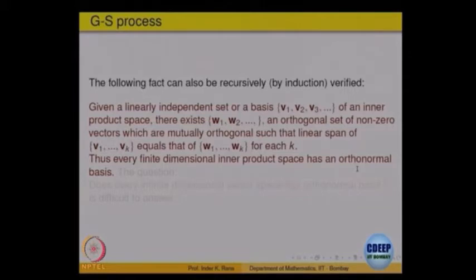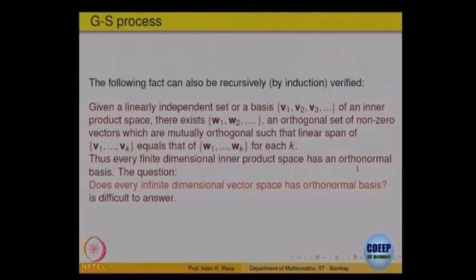But is the same theorem true for infinite dimension? Can I say that for an infinite dimensional inner product space there is an orthonormal basis? That is a difficult question to answer, and it leads to the study of spaces called Hilbert spaces. We will not go into that, we will not bother about that.